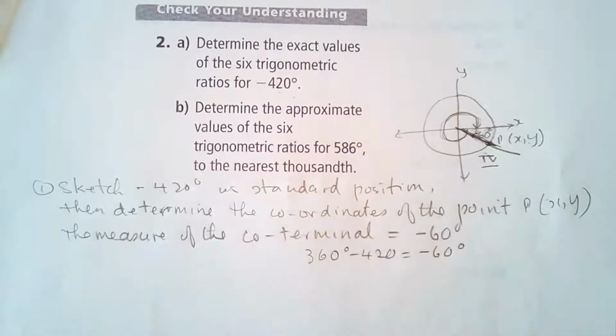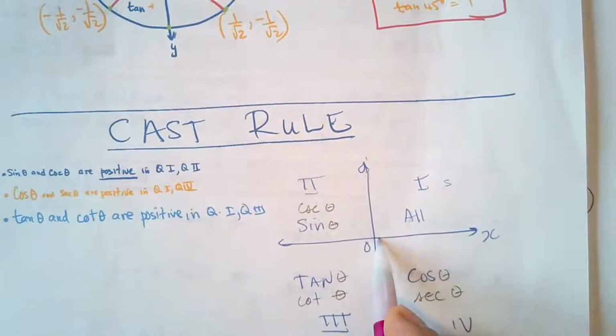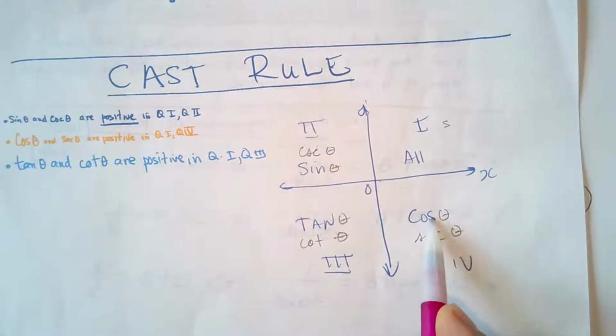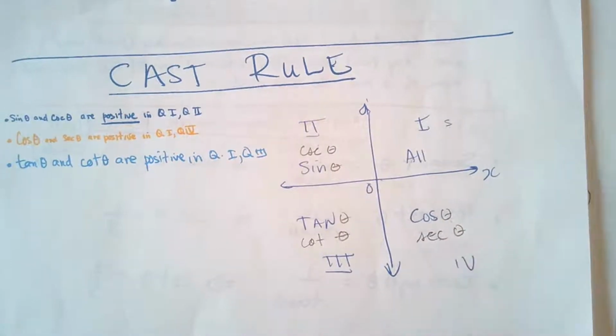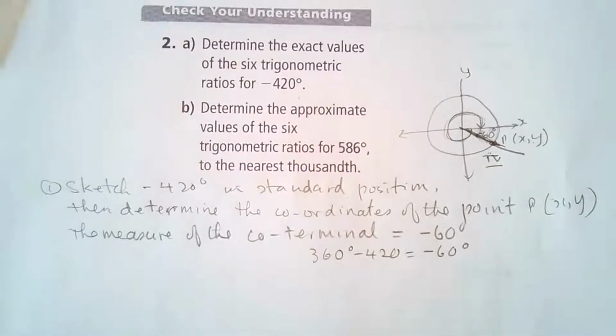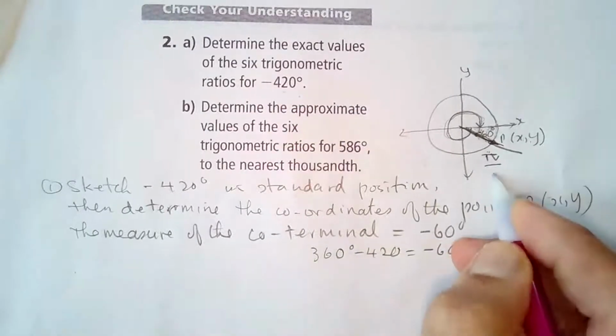Remember your CAS rule back here? So this terminal arm is in quadrant 4. So the cosine and secant are positive. So we can see here the terminal arm lies in quadrant 4.